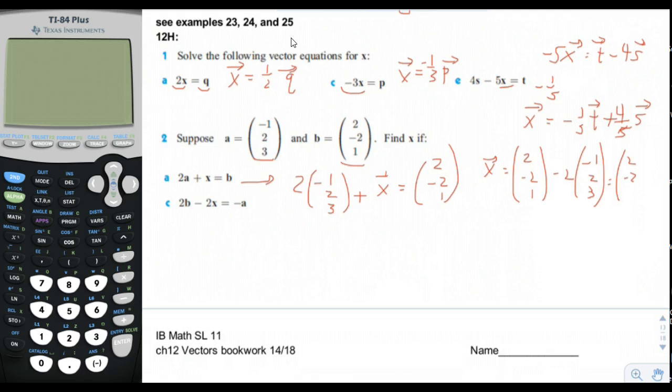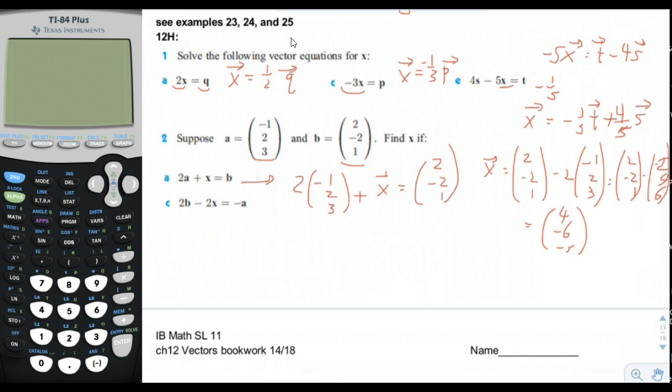So 2 times -1 is -2, 2 times 2 is 4, 2 times 3 is 6. Now let's do the subtraction. 2 minus -2 is 4. -2 minus 4 is -6. And 1 minus 6 is -5. So that would be our x vector.